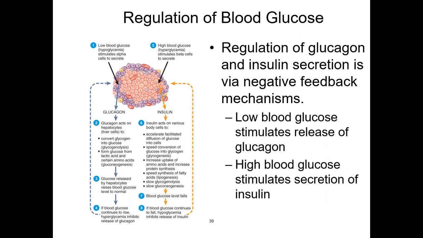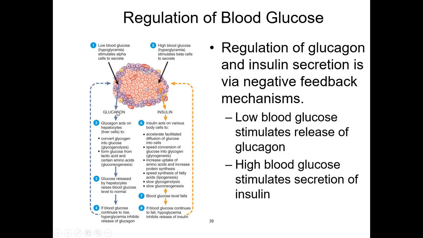So let's start with the low blood glucose, hypoglycemia. This is 2 in the morning, and our body is using glucose, but there's no new food coming into the body to replace it. So low blood glucose levels develop in the middle of our sleep. The alpha cells will detect this.